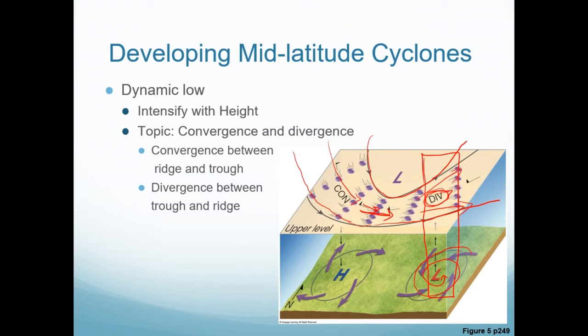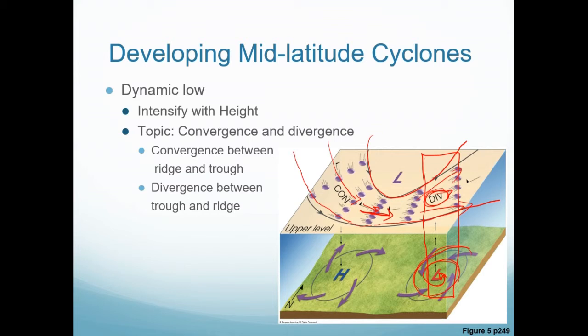So even though you're gaining more, air is moving in towards the center at the low, air is moving away aloft, and if the divergence is stronger than the convergence at the surface, then you're going to have a net loss of air. Your low pressure strengthens because of this.